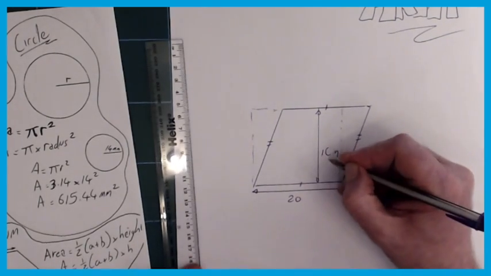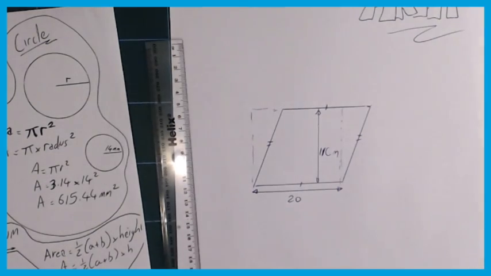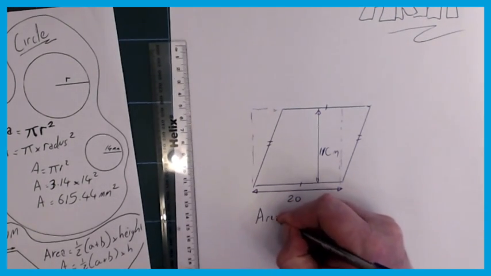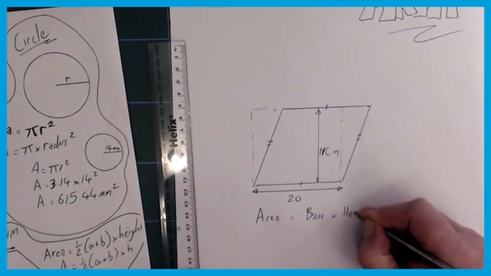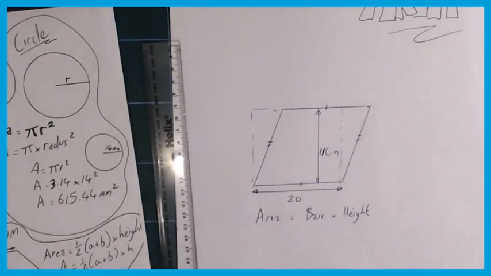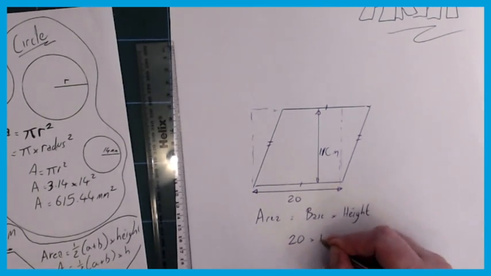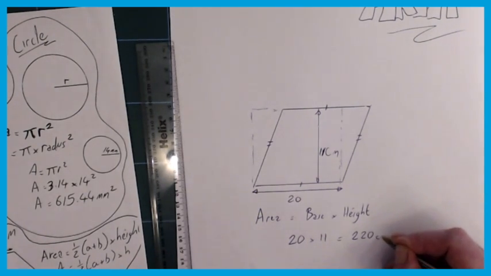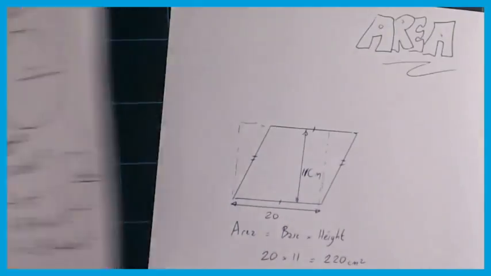That was 11 centimetres, wasn't it? So all we have for the area of a parallelogram is area equals base times height. The base here is 20 centimetres times 11, which gives me 220 centimetres squared.